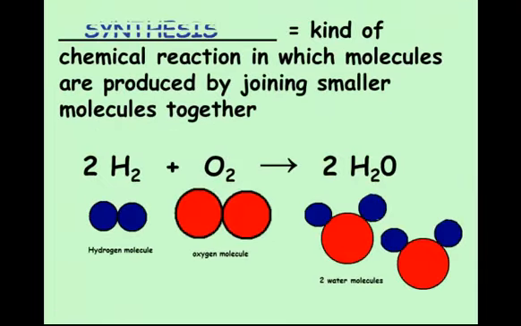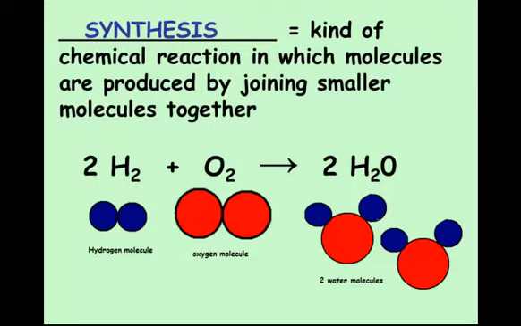We talked also about doing chemical reactions to join different kinds of atoms together to make molecules. Synthesis means to build or put something together, and we can take smaller pieces and join them together to make bigger molecules.